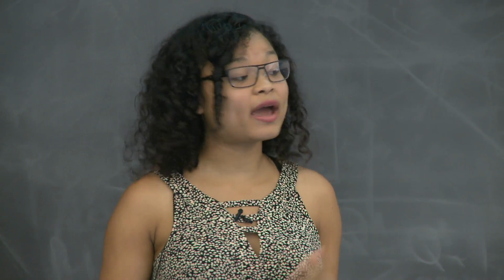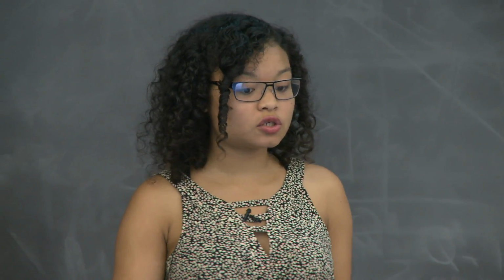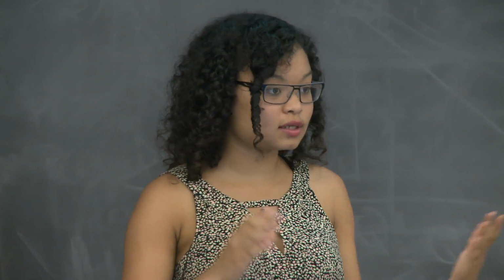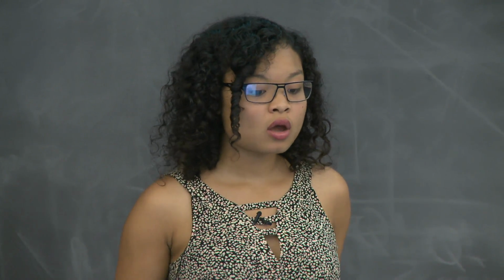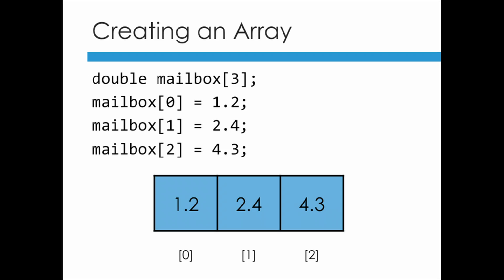Note that in arrays we can't ever change the length, so you always have to define and choose how many boxes, how many values your array is going to hold. To set different values in your array, you use the following syntax, as you see on the slide: mailbox index 0 will be set to 1.2, mailbox index 1 set to 2.4, etc.